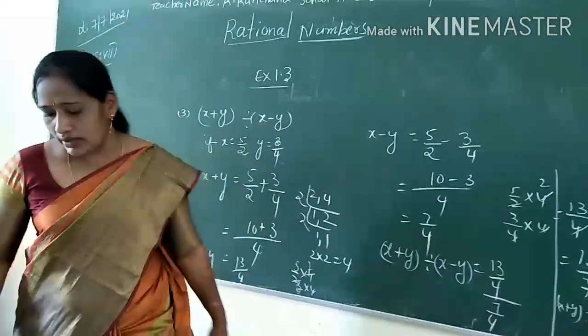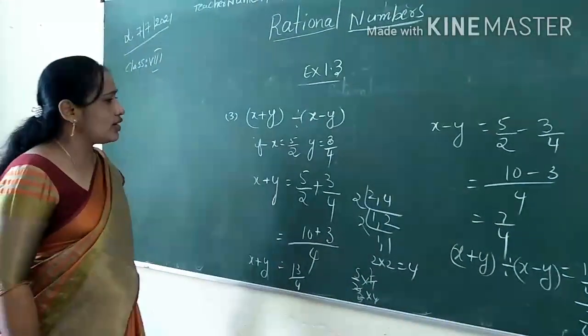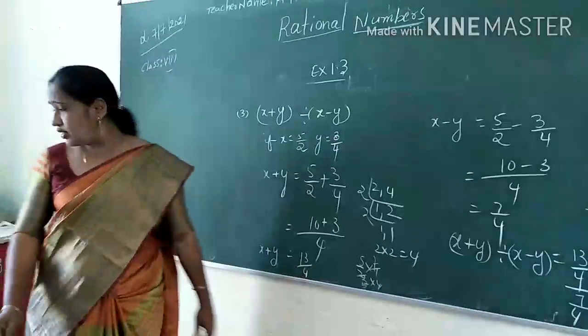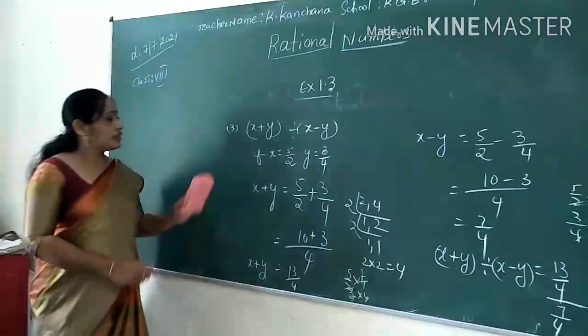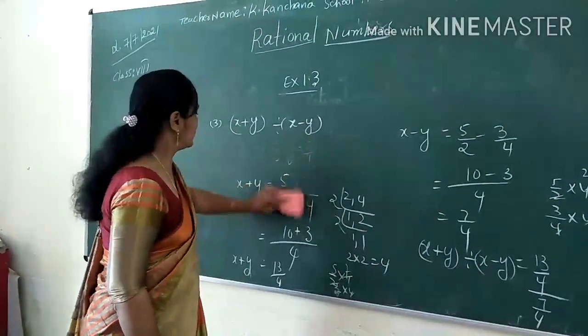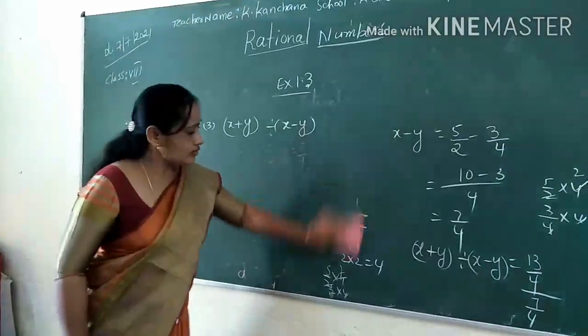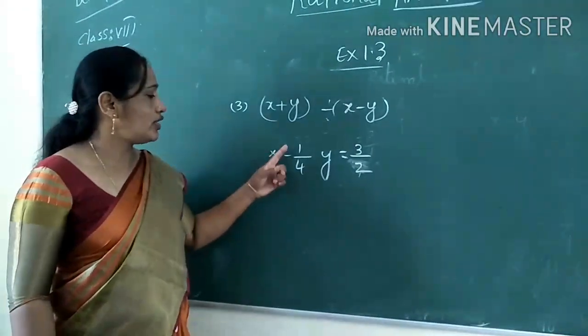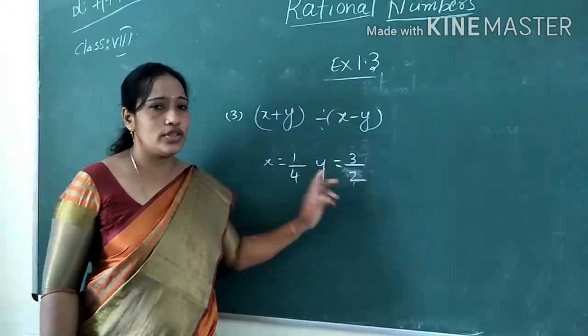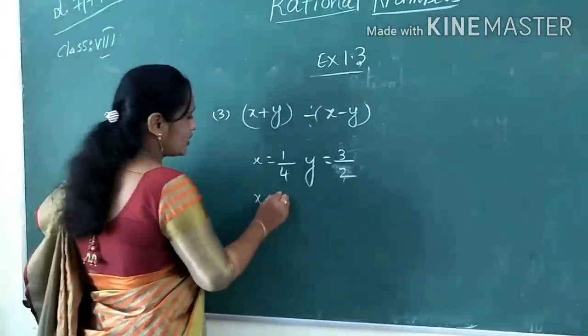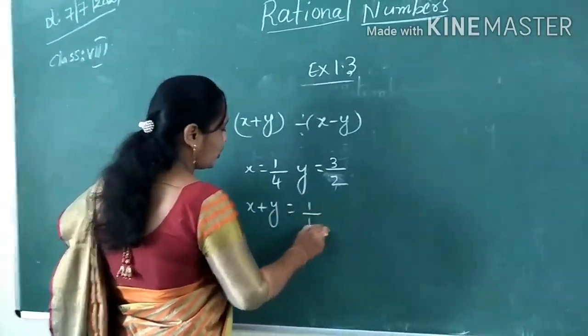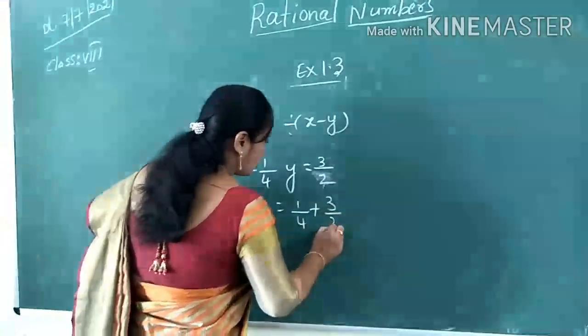And another one: x equals 1 by 4 and y equals 3 by 2. Second one, x equals 1 by 4 and y equals 3 by 2. First we have to calculate x plus y. What is x? 1 by 4, and y is 3 by 2.